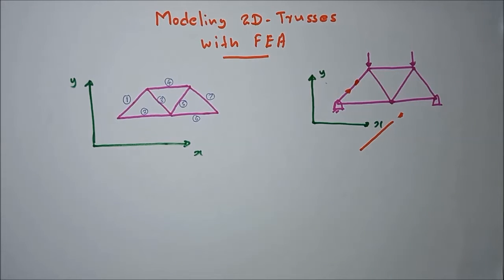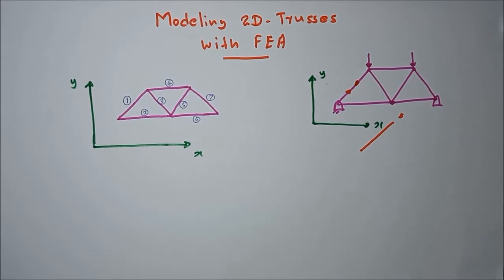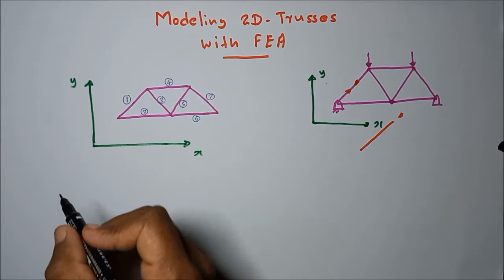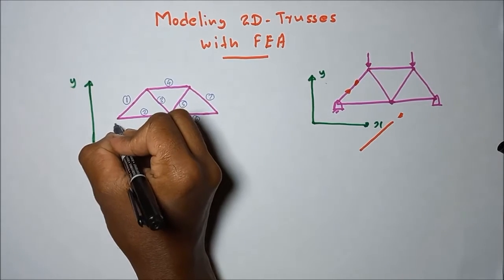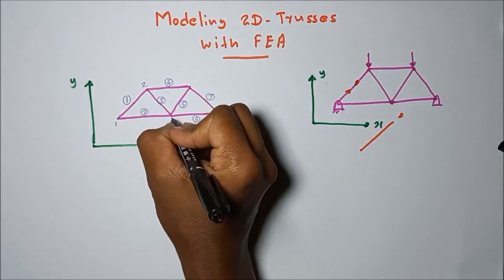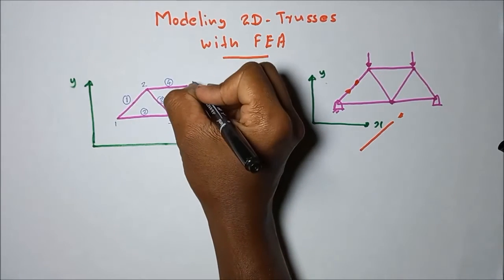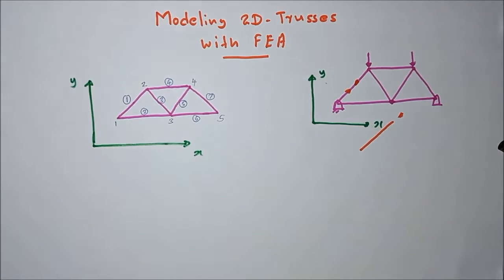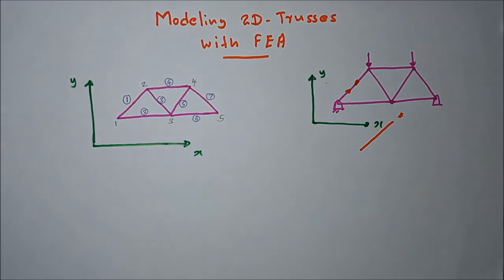Similarly, we can mark the nodal points also: node 1, node 2, node 3, node 4, node 5.